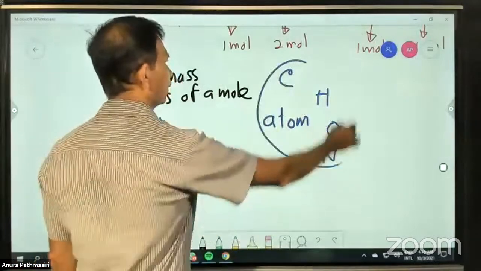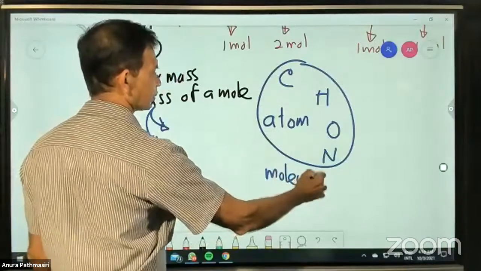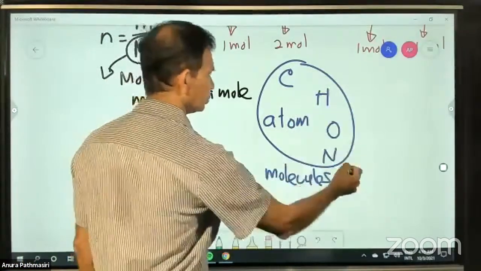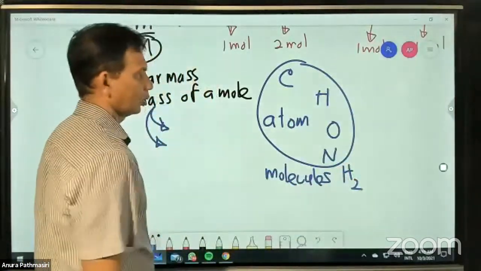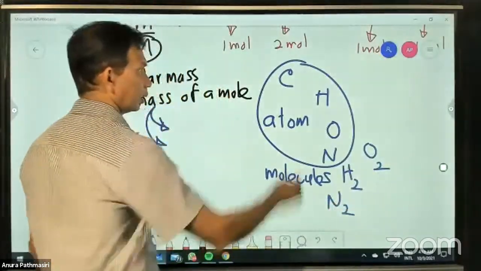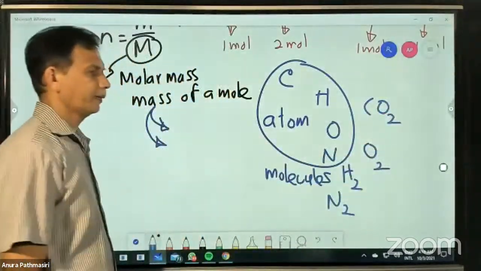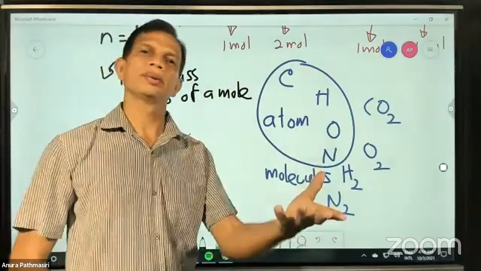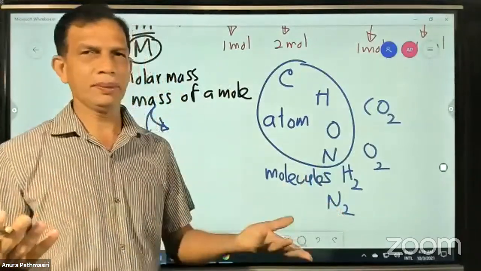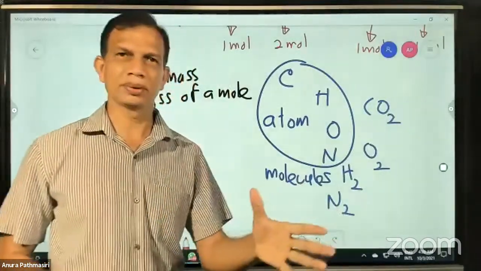Or they may be molecules, for example H2, O2, N2, a combination of carbon and oxygen, carbon dioxide, right? They are molecules. Molecules make compounds, and the matter exists in the environment as compounds.